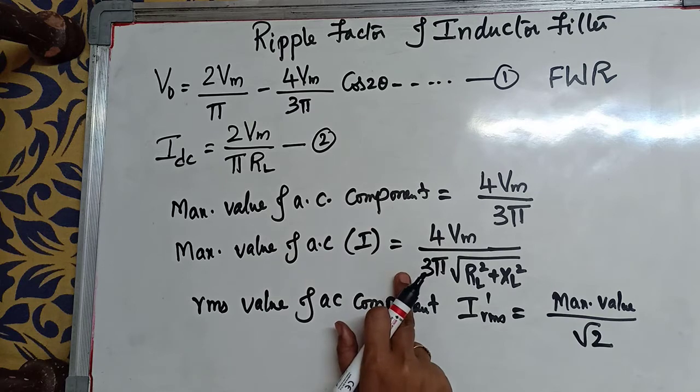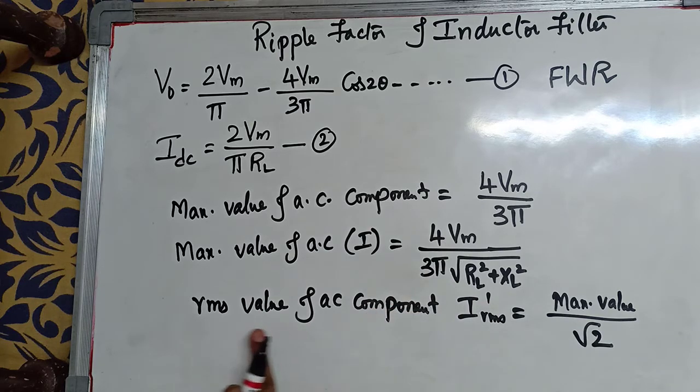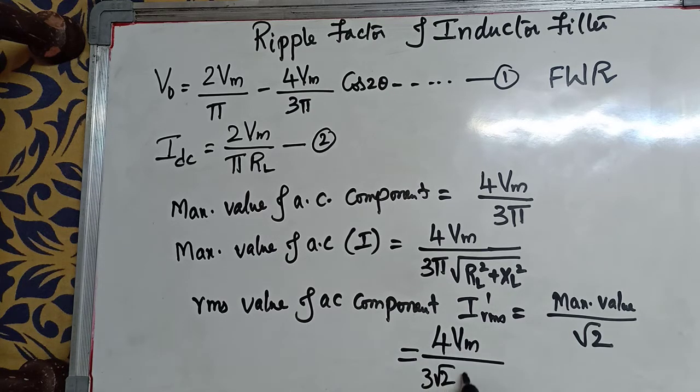So therefore dividing this equation by root 2, we will get the RMS value of the AC component, which is 4 Vm by 3 root 2 into pi into under root of RL square plus XL square. Let us consider this as equation 3.